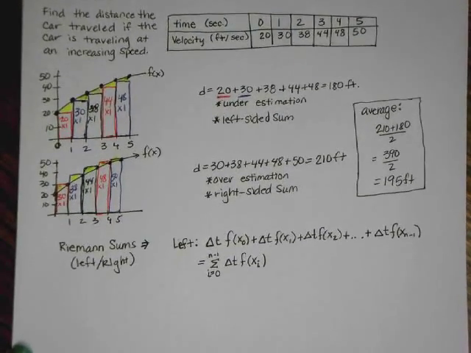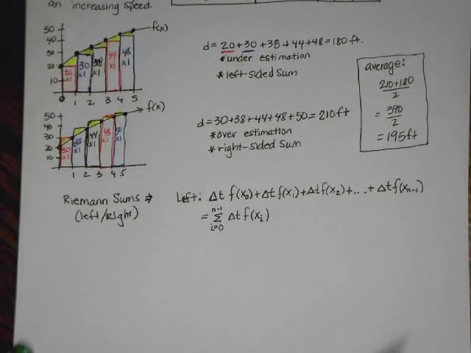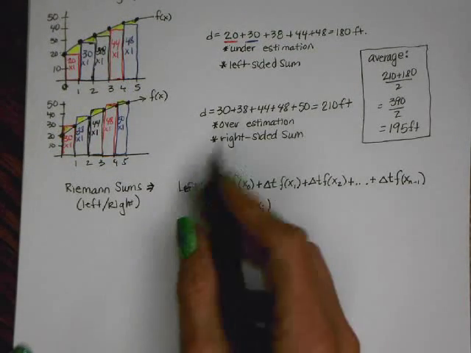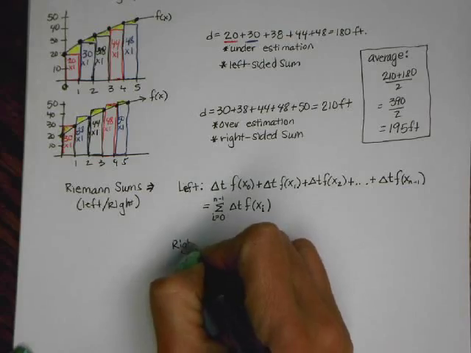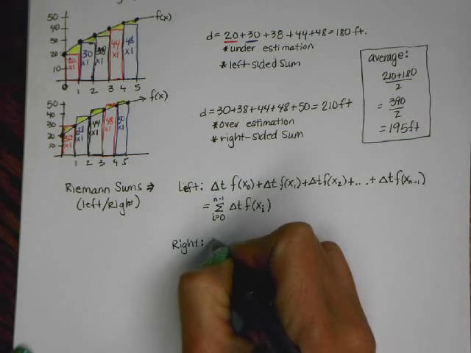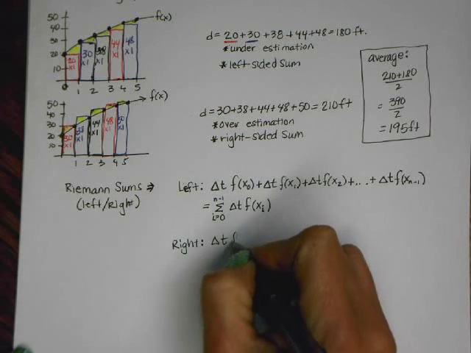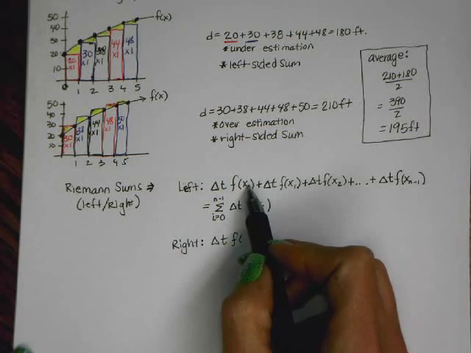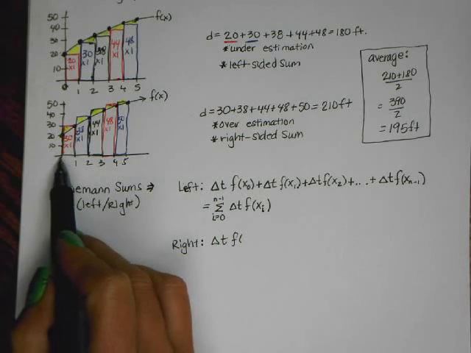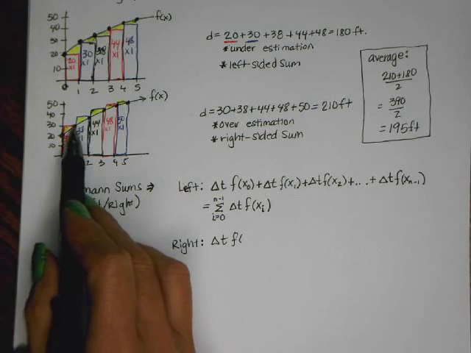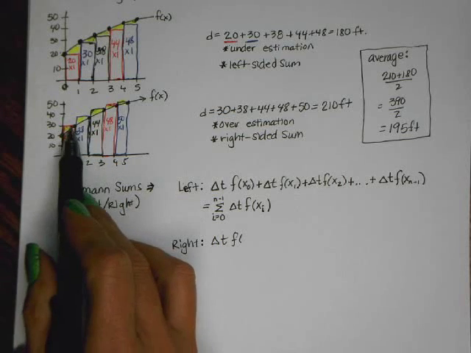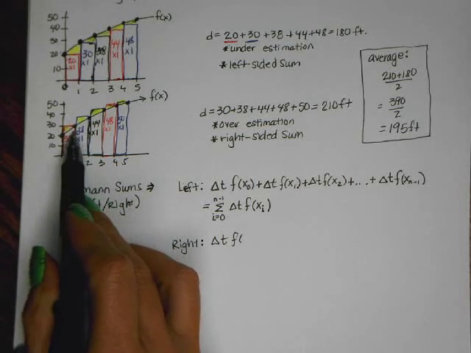Let's go ahead and do the same thing for the right-sided sum. And it's the same format. So for my right, I've got delta t, f of, now I don't want to do x sub 0, because remember, on the right-handed notation, I didn't use 0 first. I used 1 because it's my right side in this red rectangle right here. That's my height that I want.